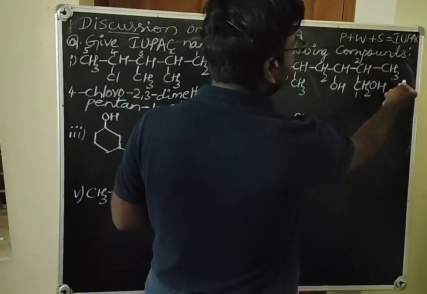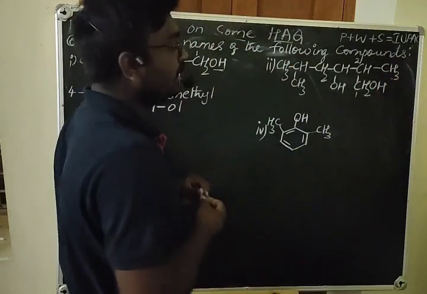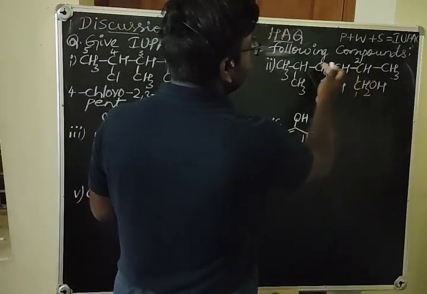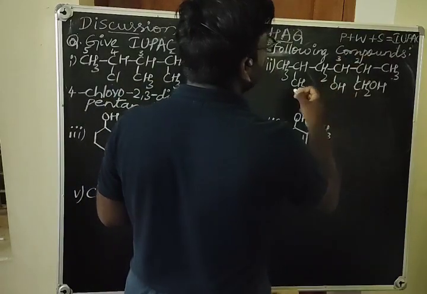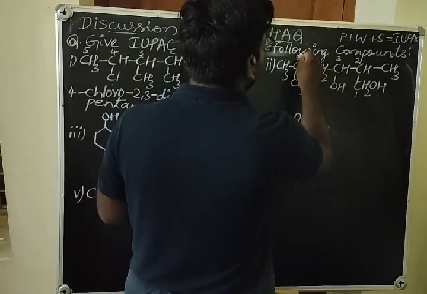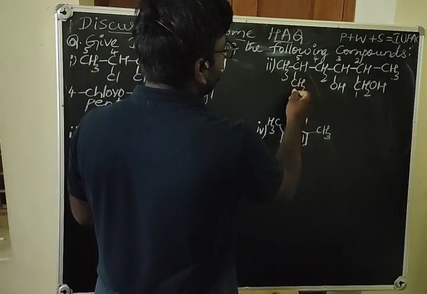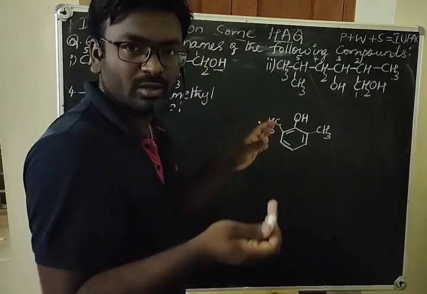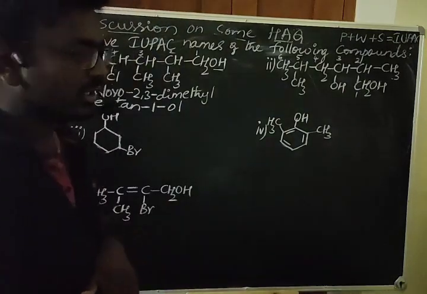If you go this side, you will have 3 and no continuation, so we shall move this side, and here you can have the third, fourth and fifth carbon atoms. You can give number 6 to this carbon or to this carbon, it makes no difference. Let's give number 6 to this carbon.